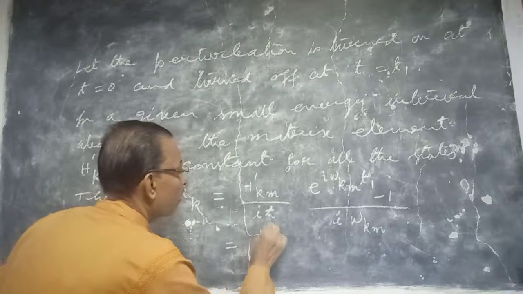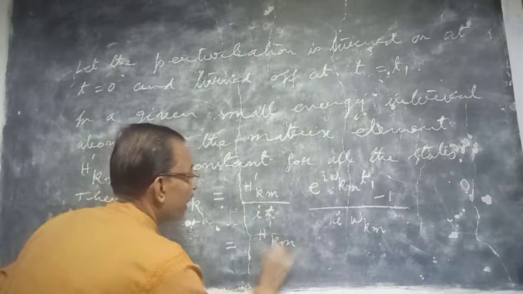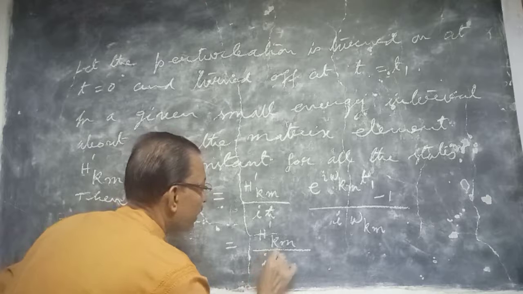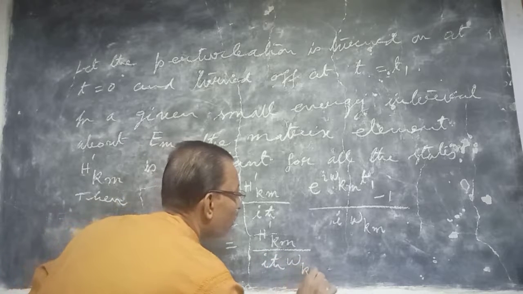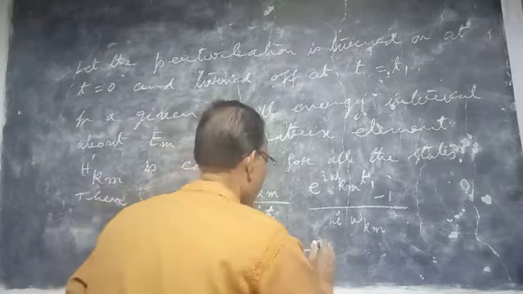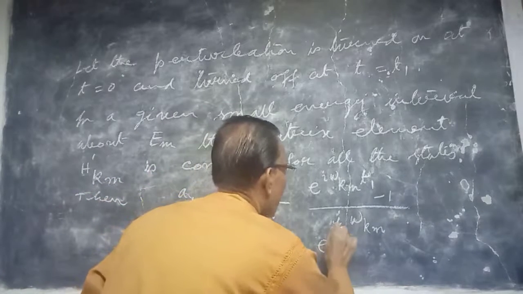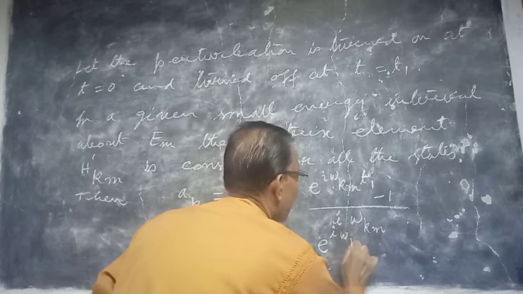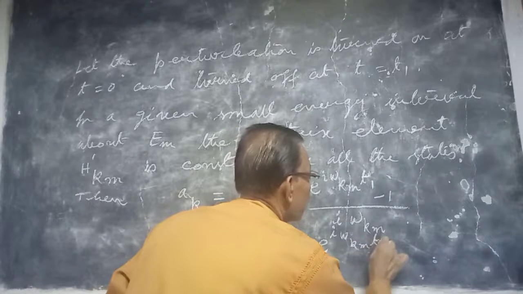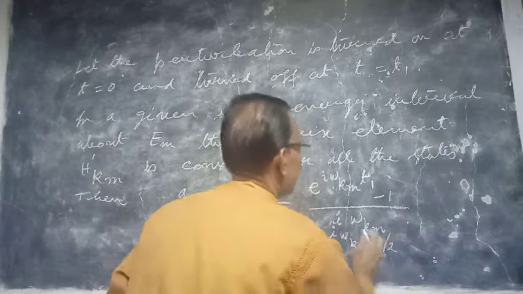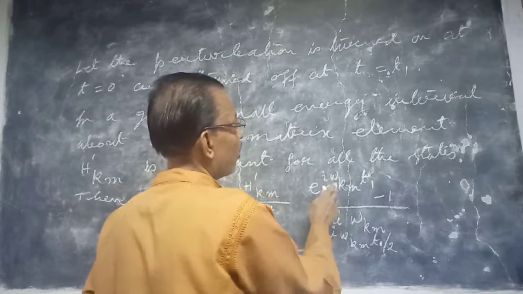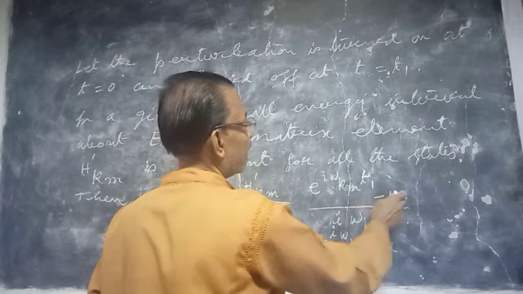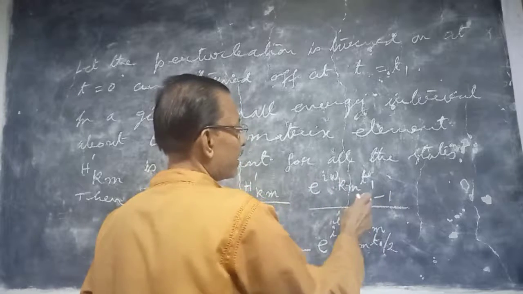It is H prime Km by i h cross omega Km, e to the power i omega Km T1 by 2. It is taken common by 2. So you get e to the power i omega Km T1 by 2 minus e to the power minus this.